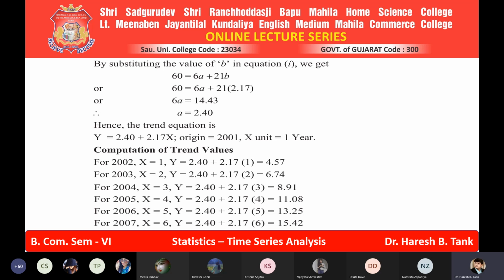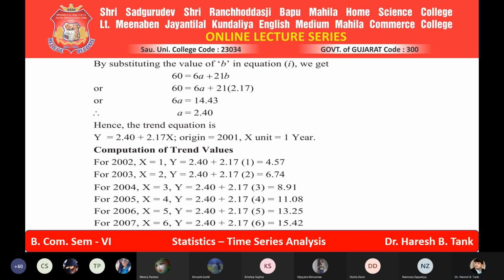Just observe that column which you made right away. Okay. So to get a trend value for 2002, just substitute the value of x as 1 in the trend equation. Your trend equation is y is equal to 2.4 plus 2.17 times x. If you substitute x is equal to 1, you will get a trend value for 2002.